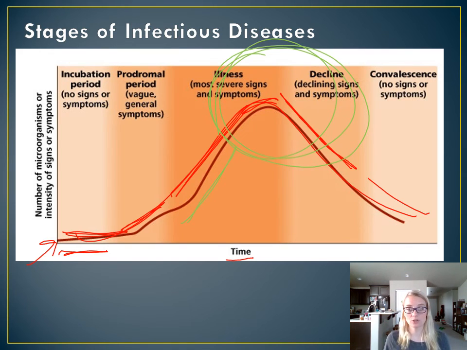In bacterial infections, sometimes you can get over it on your own. But if we didn't have antibiotics, sometimes people might die. Their signs and symptoms can get so severe that you just get organ failure and things shut down, and death can be a result. So every pathogen has its own path, typically following these stages, and depending on the severity of the illness or the availability of treatments, there could be varying outcomes.